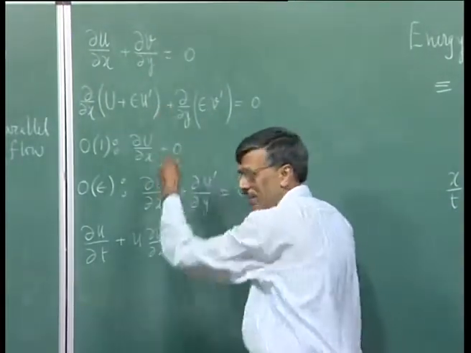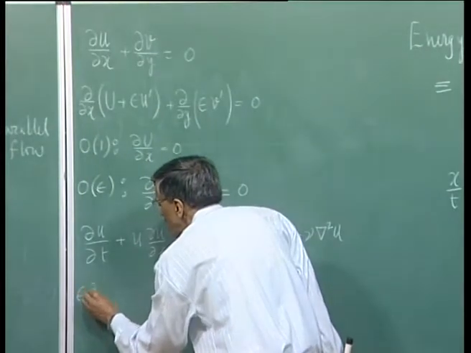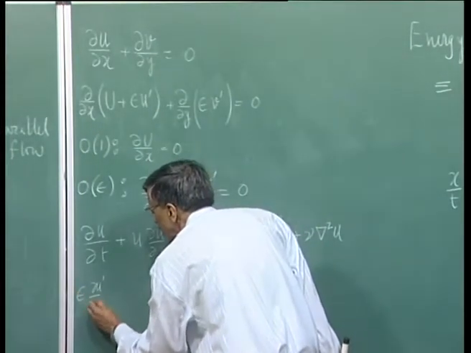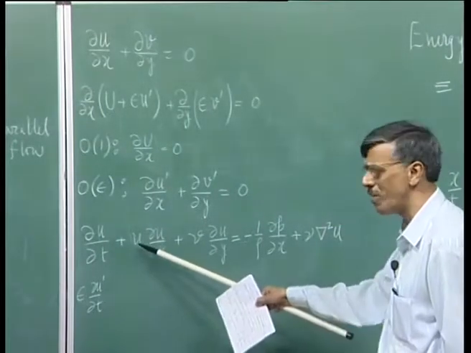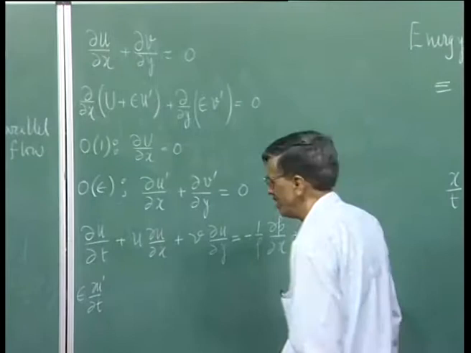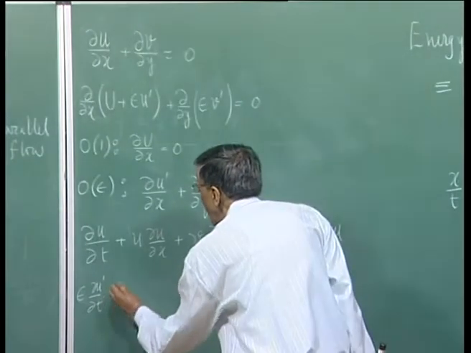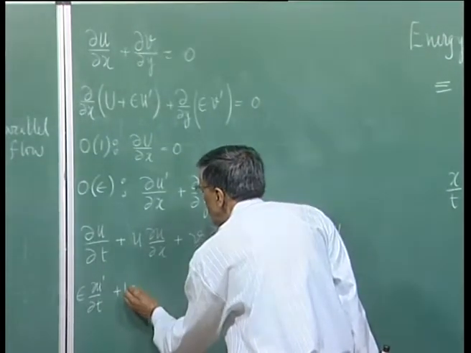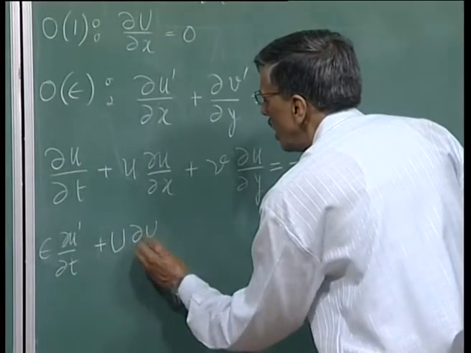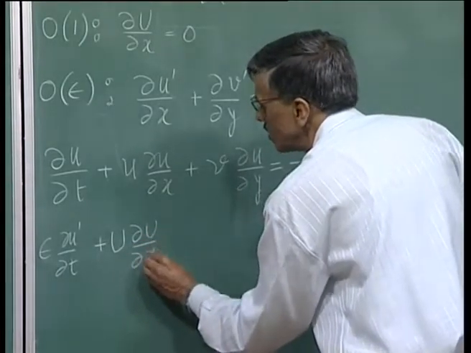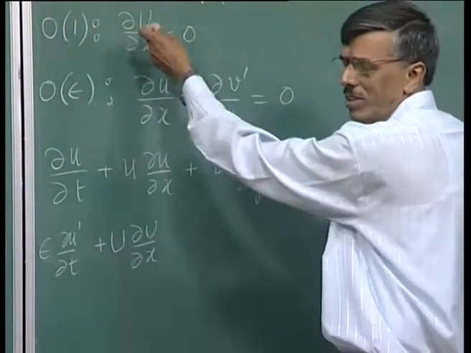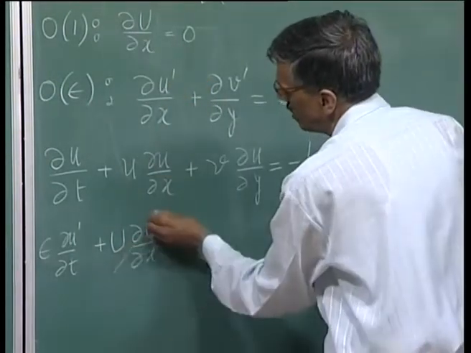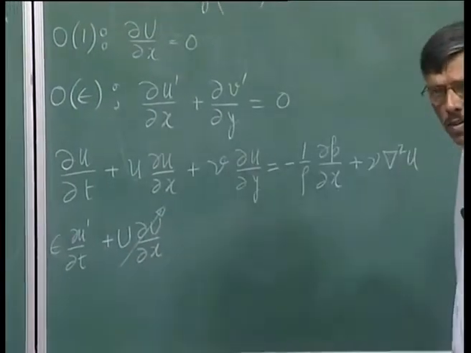What are we going to get? We are going to get epsilon del u prime del t. What are we going to get from here? A mean term which will be u del u del x. That's not there, right? Del u del x is 0, we have already seen. So, this term does not survive.